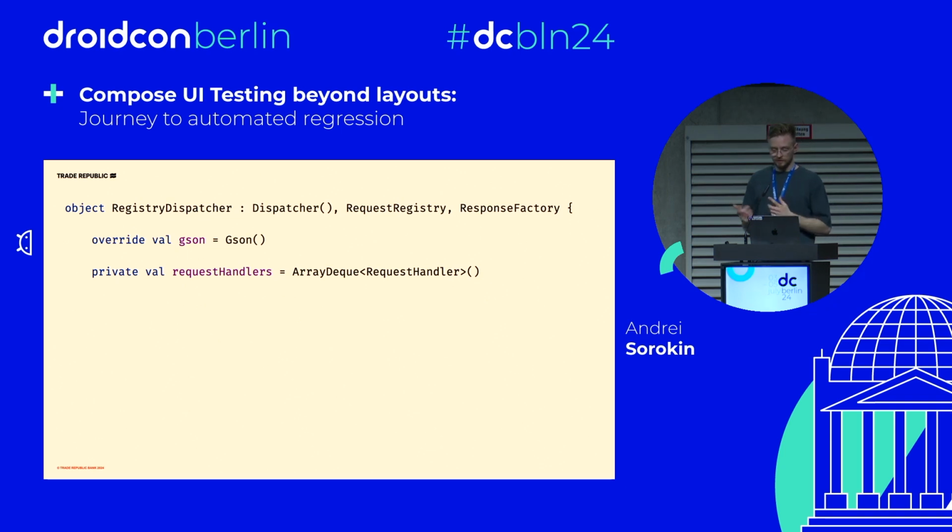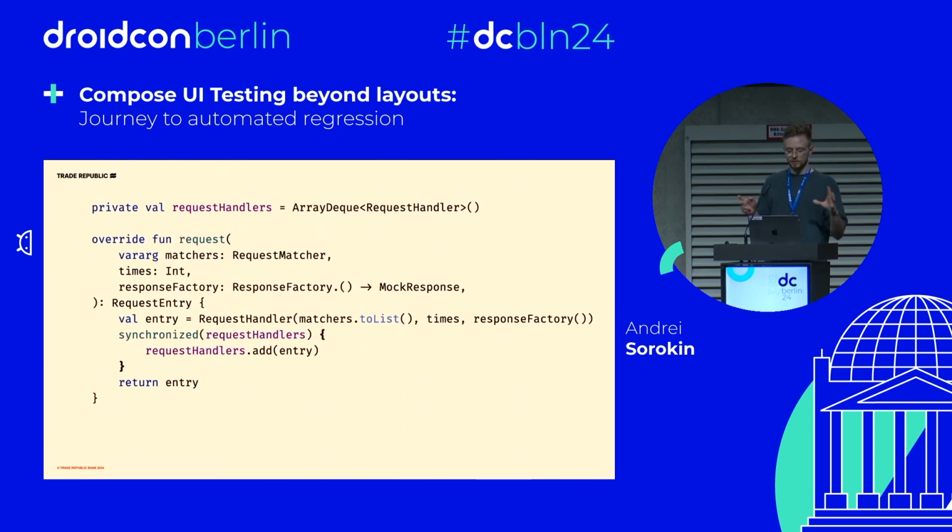Now, the dispatcher itself is a sample implementation. It's not full, just to fit it on the slide. Essentially, you can think about it as a queue, or in this case, a deque of handlers.